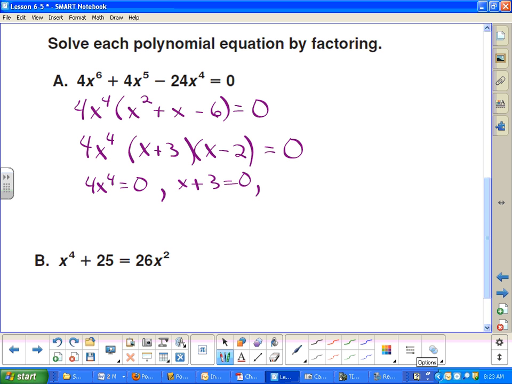This is the zero product property, it tells us to do this. If I'm multiplying 3 things together and they equal 0, then that means that at least one of them has to be equal to 0.